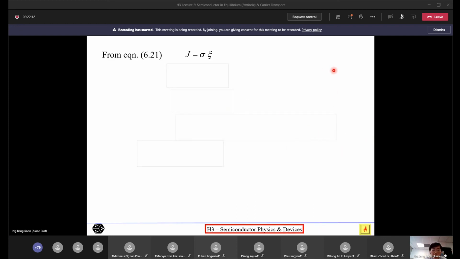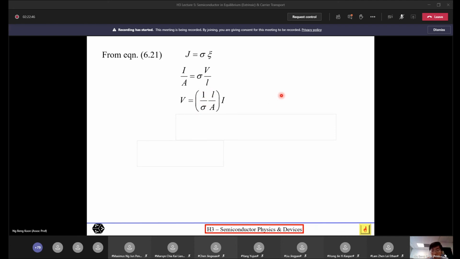Now, if you use the drift current equation and apply this to the problem here, the drift current density is I over A, and the electric field is V over L. If you rearrange this and express V in terms of I, then you have this term in brackets, which contains 1 over sigma times L over A. Remember, this 1 over sigma is, in fact, your resistivity rho.